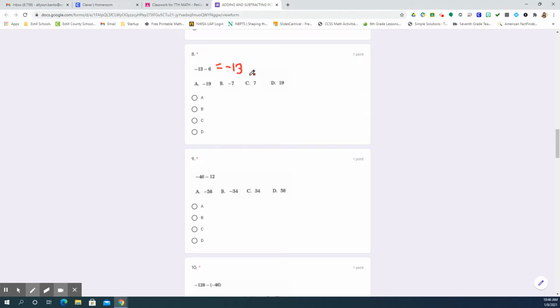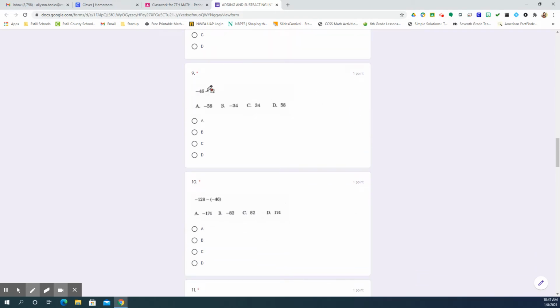You never change the first number. We want to change that to addition, so plus, and that's a +6, so we want to make it a -6. Okay, -13 plus -6. Now we go back to our same addition rules. We have same signs, so we add, and our answer is going to be negative. So I want you guys to add -13 plus -6 to give me an answer.